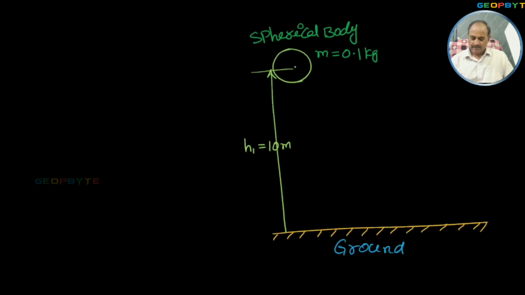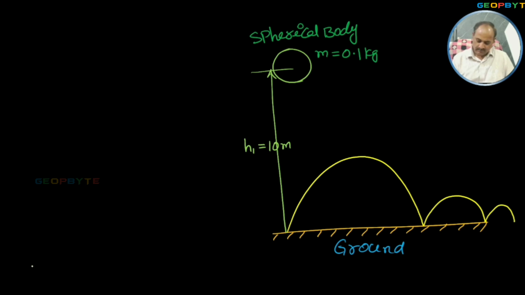So after leaving the force on the body, it hits the ground and starts to rebound, moving like this. These are the instantaneous positions of the ball.